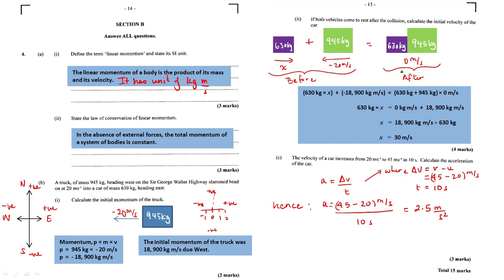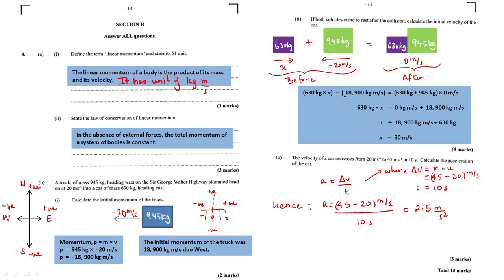Now the after is such that the two of them come to rest after the collision. Therefore they have no velocity, none whatsoever. Coming to rest is 0, so this whole entire equation will be equal to 0.